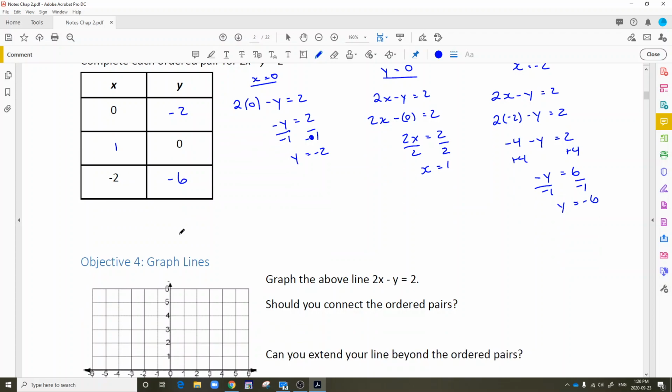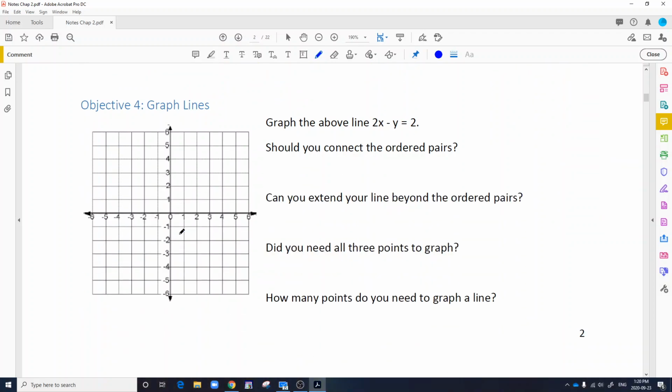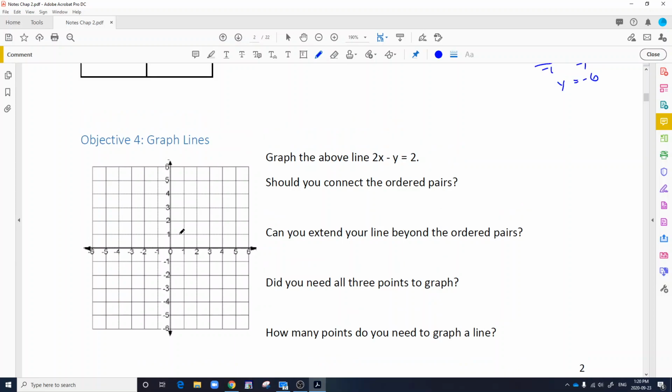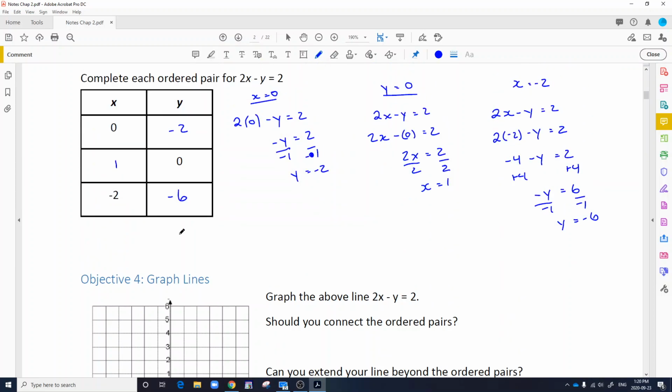All right, next objective, graphing lines. So if I wanted to graph the line 2x minus y equals 2, I could use what we call a table of values. So these points that I've solved for are (0, negative 2), (1, 0), and (negative 2, negative 6).